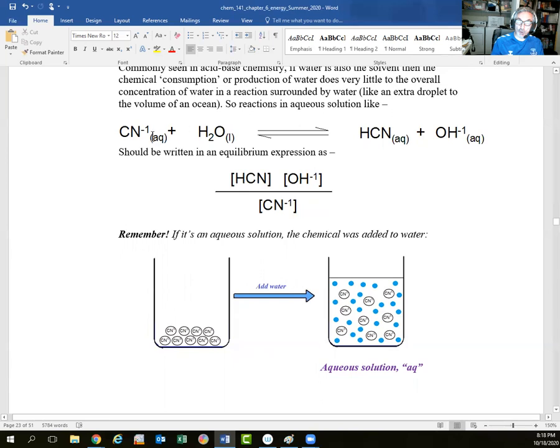So chemicals like the cyanide and the hydrogen cyanide, those chemicals, before the reaction even starts, were already flooded, dissolved in water to make a solution.